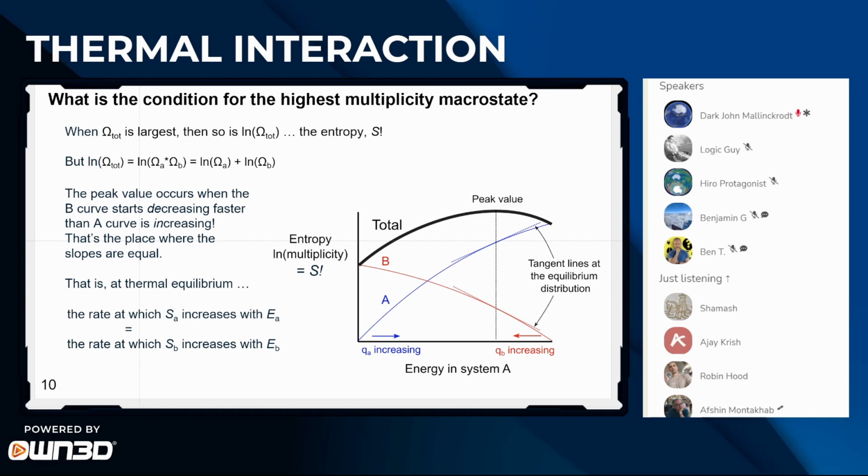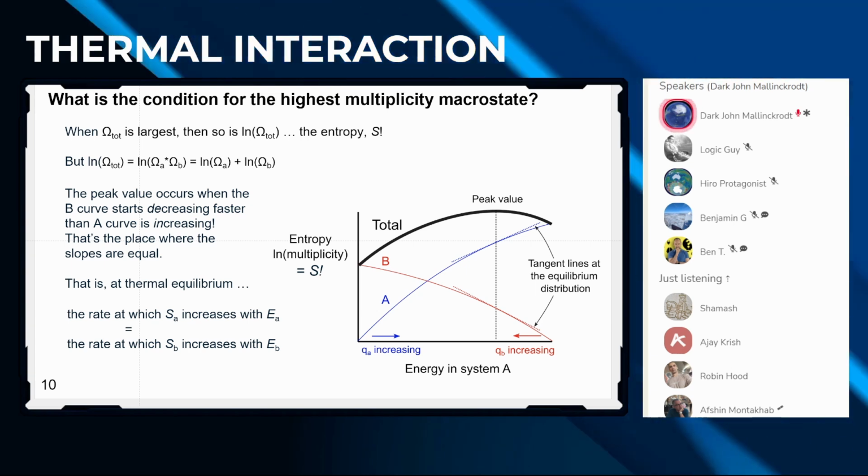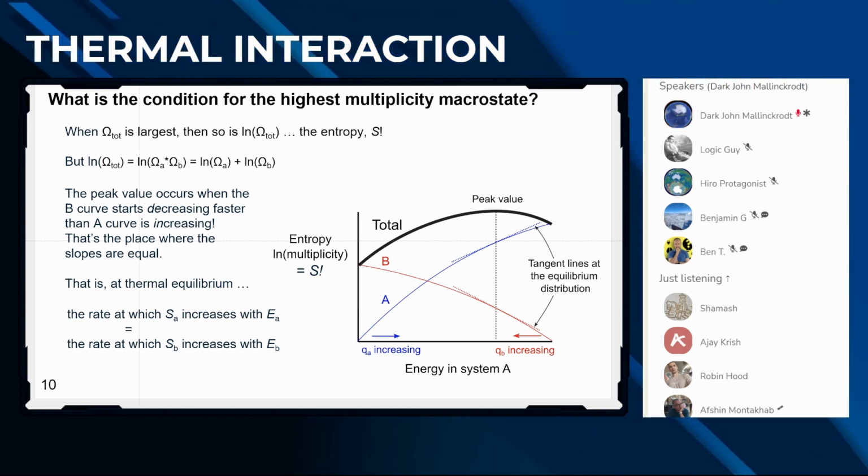And this is now finally where it comes into play. So let's first of all, on the right, look at the graph. I'm graphing the total entropy now, the natural log of the multiplicity, as a function of the energy in system A. That's important.